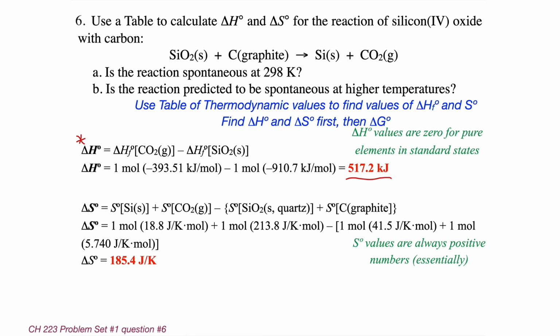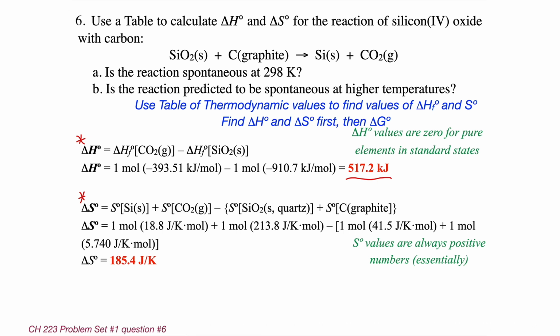Now, moving down to the next one, we need to do the same kind of thing, but with entropy. Entropy values, individual entropies, are always positive numbers. There's never any negatives, and you do have to look up the elements in their standard states as well as anything.